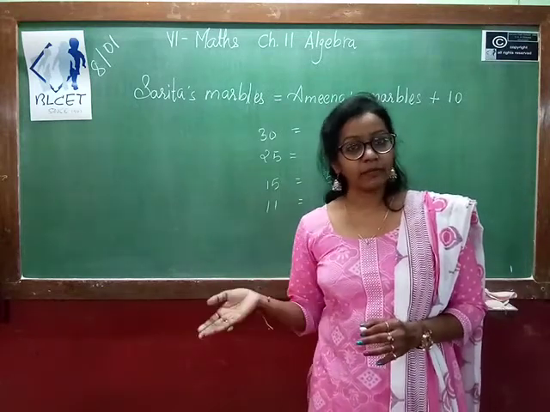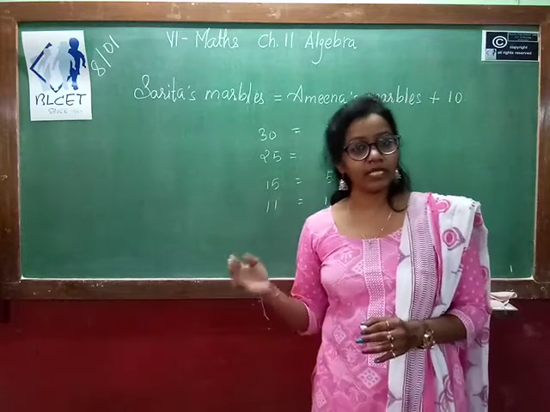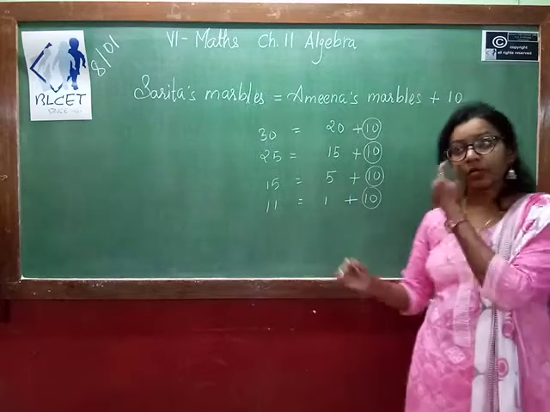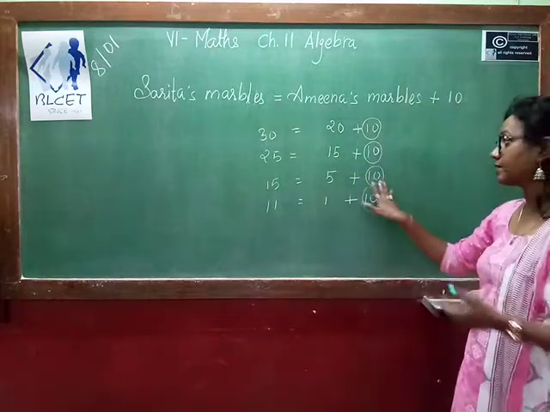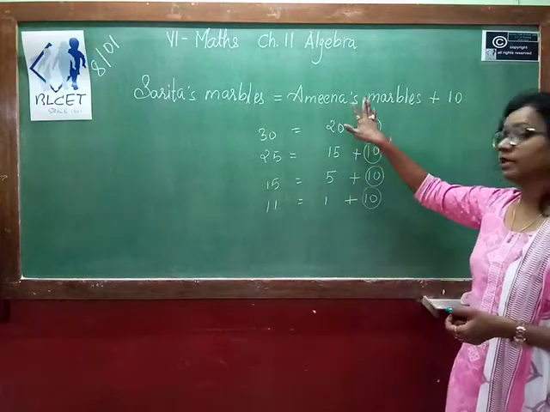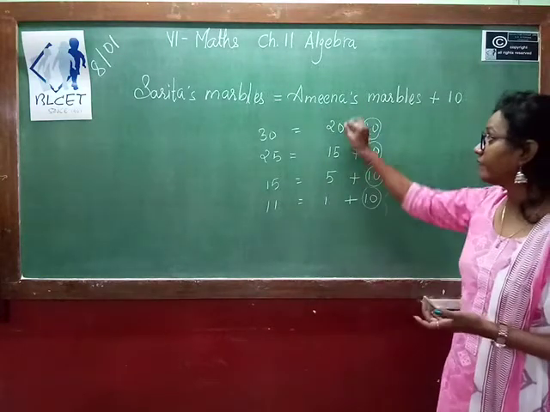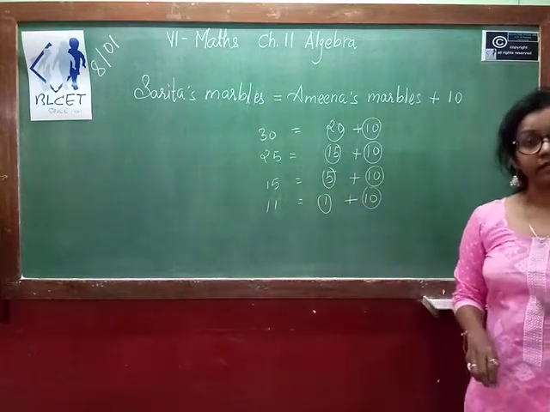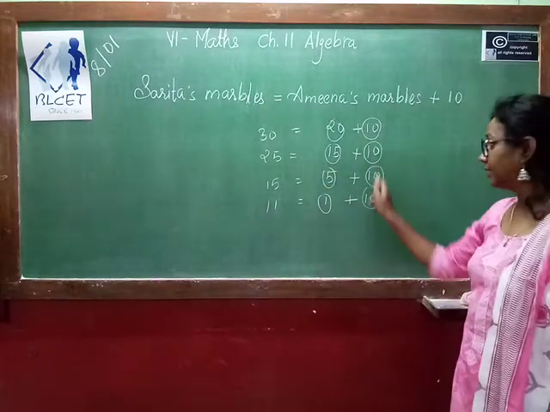If Amina has 1 marble, Sarita has 11. If Amina has 2 marbles, Sarita has 12. So if you keep on doing addition, 10 remains as it is. So what varies here? How many marbles Amina has. So this term varies. So what generalized formula can you guess?